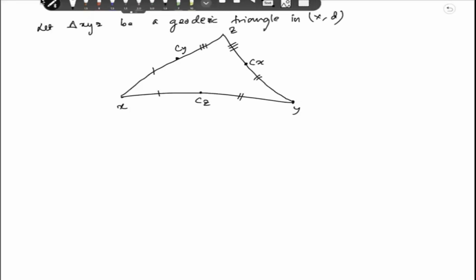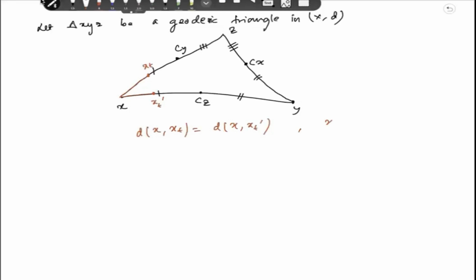So now note that there exist points Xt on the geodesic joining X and Cy, and Xt prime on the geodesic joining X and Cz, such that the distance from X to Xt is the same as the distance from X to Xt prime. So these two distances are the same.